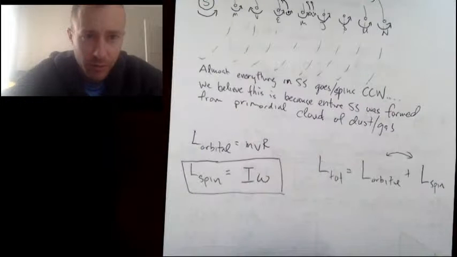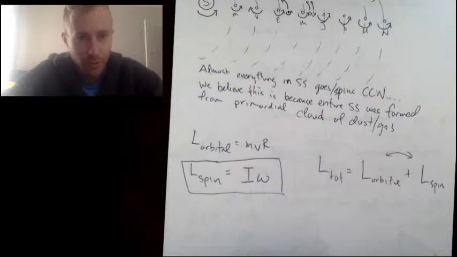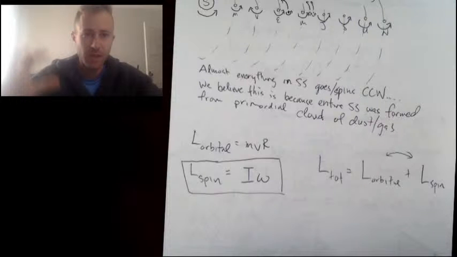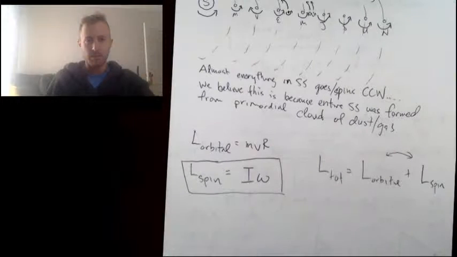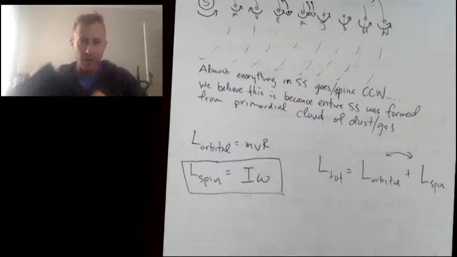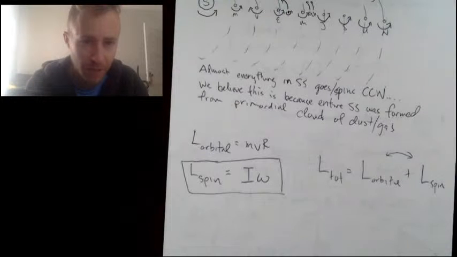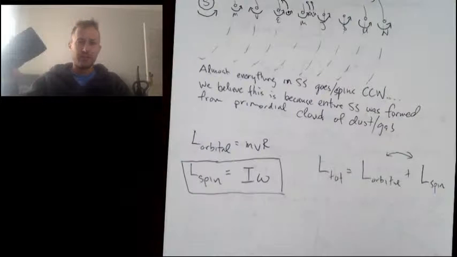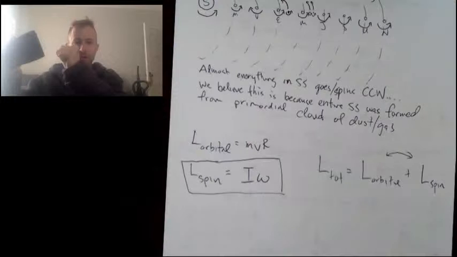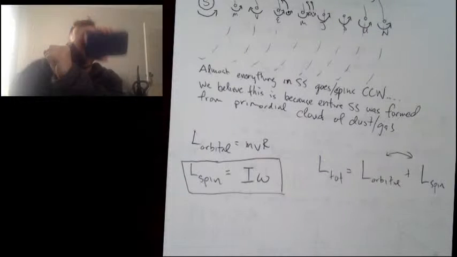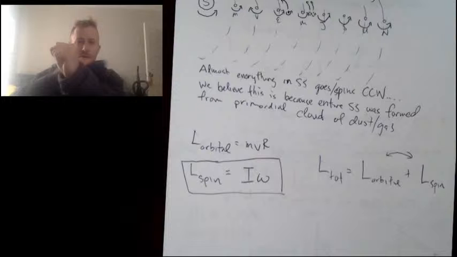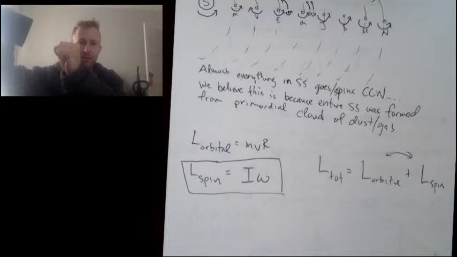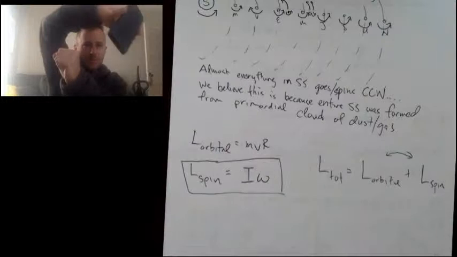One thing that's really interesting is, have you ever noticed that the same face of the moon is always pointed towards the Earth? Okay, so it's not necessarily true that a moon has to orbit with the same period as it spins. You could have something orbit like this, where it's not spinning at all. But what the moon is doing is as it's orbiting, it's also spinning so that the same side of the moon is always facing us. Okay?